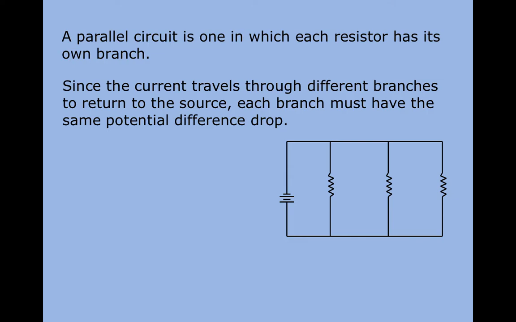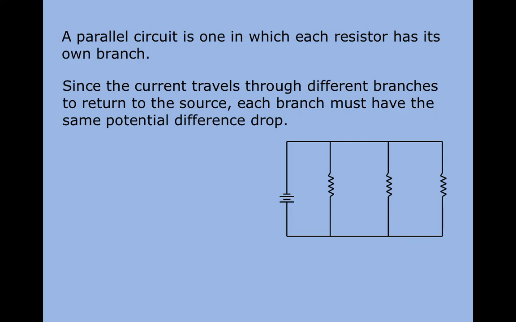In a parallel circuit, current travels through different branches before returning to the source. If you look at the diagram that's given to you there, you have three resistors, those squiggly lines. You also have a battery. Again, remember the battery, the short side is the negative side, the long side is the positive side.